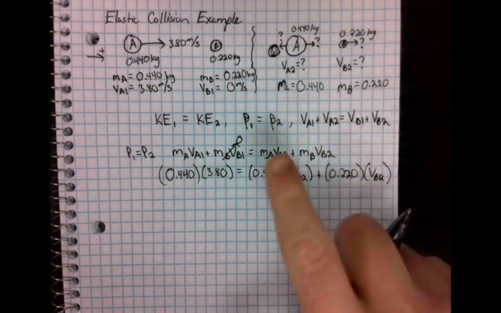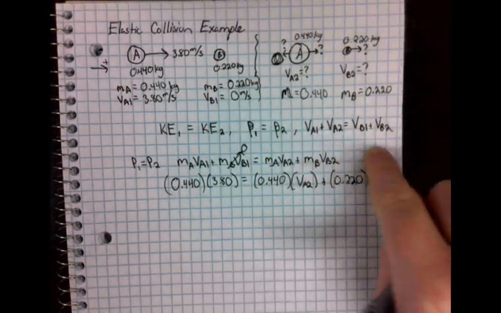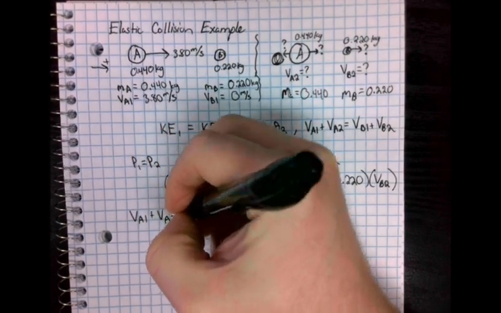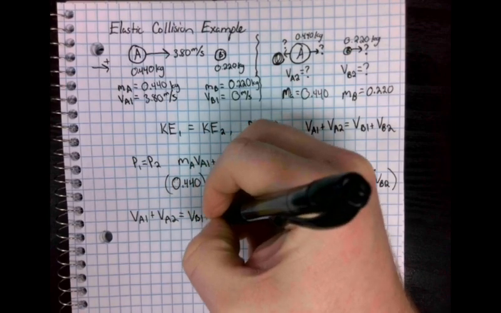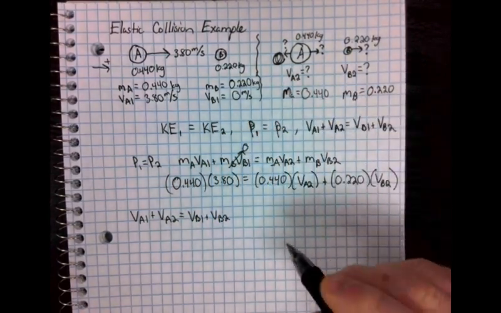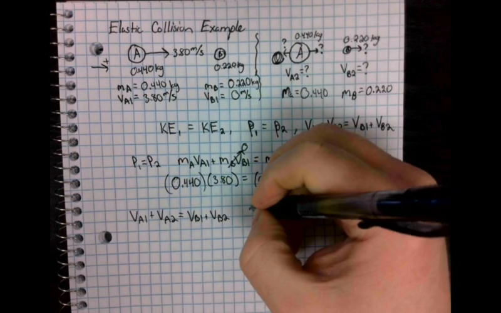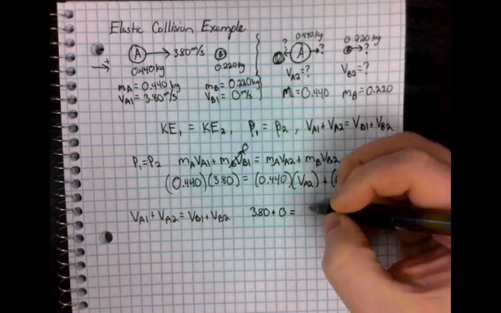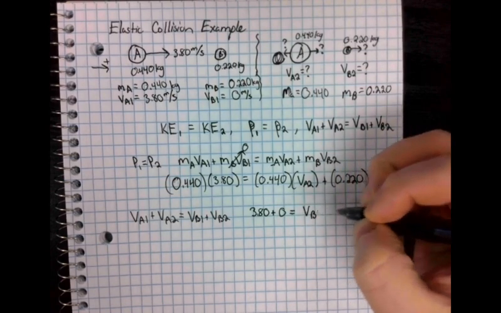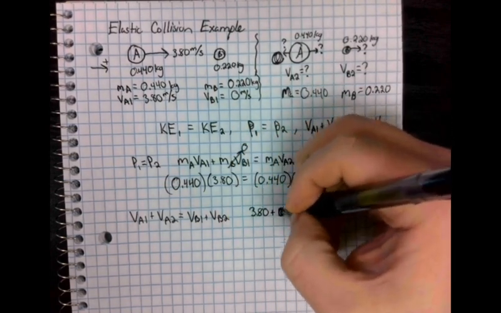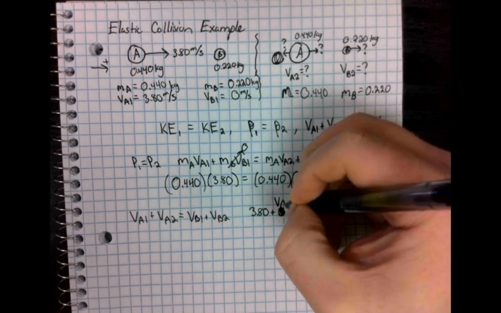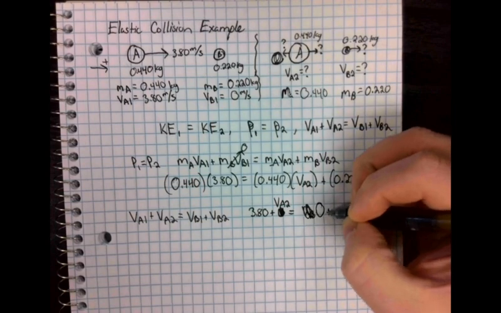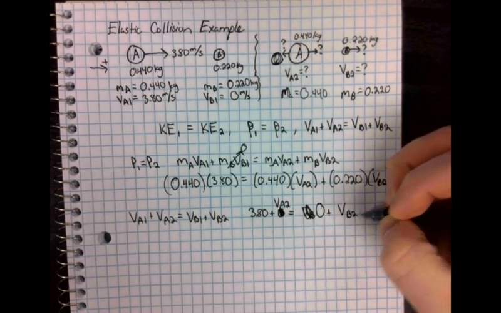If we check, we can pull down our other equation, VA1 plus VA2 equals VB1 plus VB2, and plug in our information there as well. So 3.80 plus VA2 is going to be equal to 0 plus VB2.